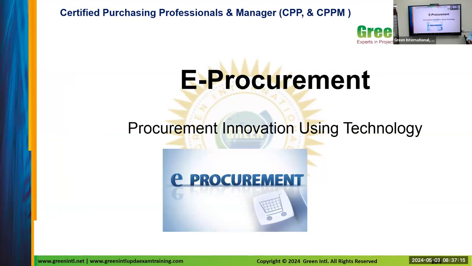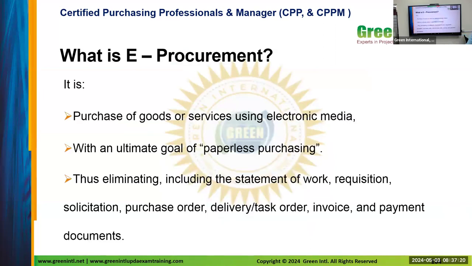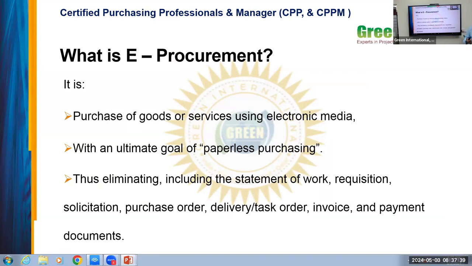E-procurement, procurement innovation using technology. What is e-procurement? It's a purchase of goods or services using electronic media with an ultimate goal of paperless purchasing, thus eliminating the statement of work, requisition, solicitation, purchase order, delivery, task order, invoice, payment documents, etc. Nowadays in most organizations nobody is sending the purchase order through post or courier.